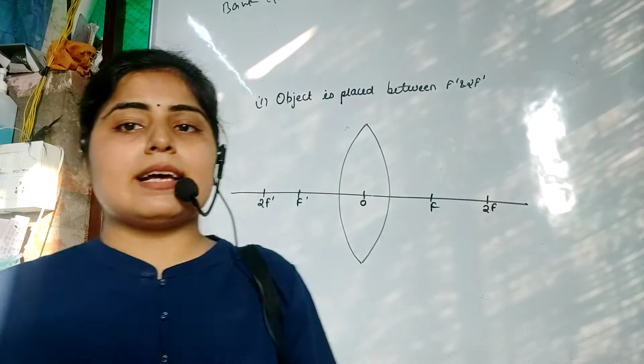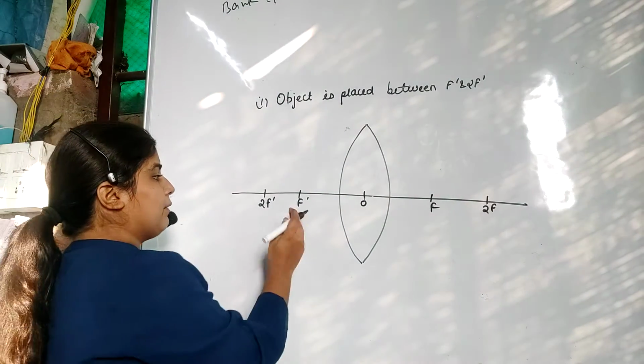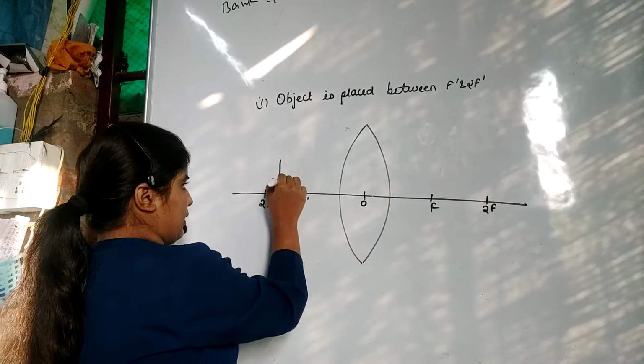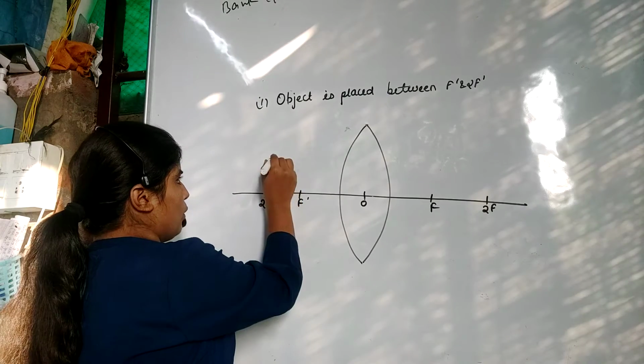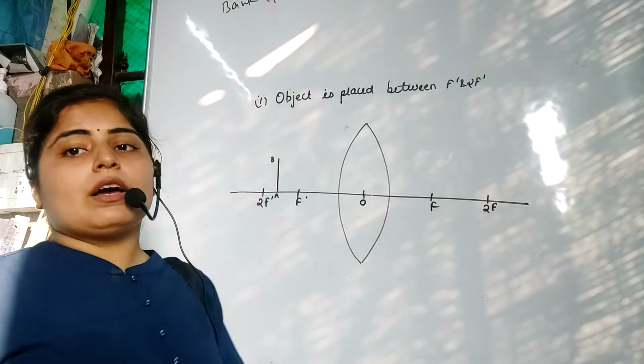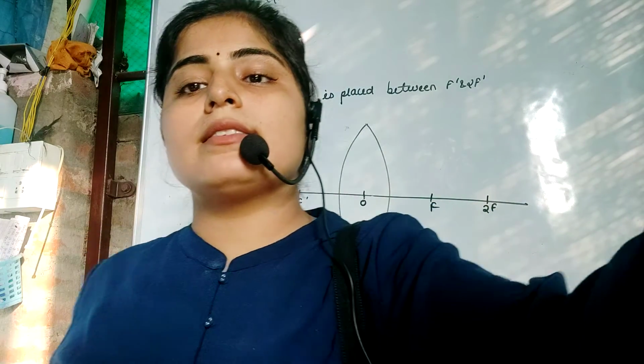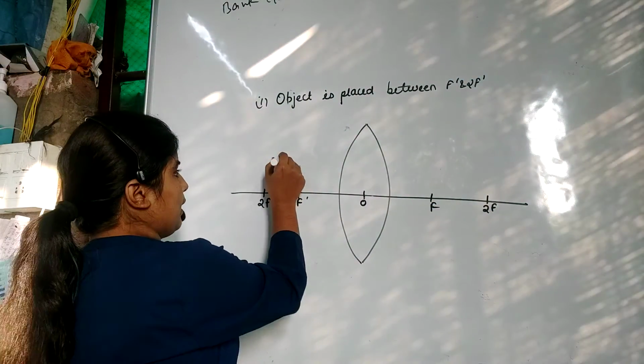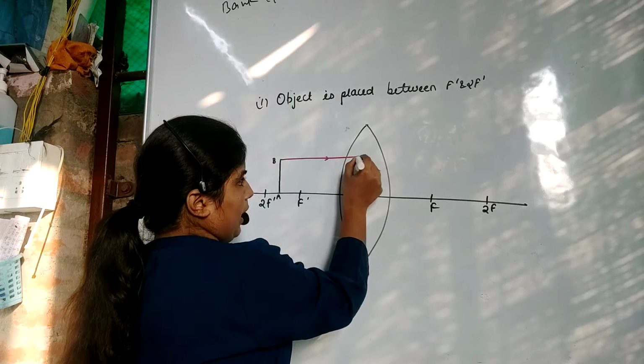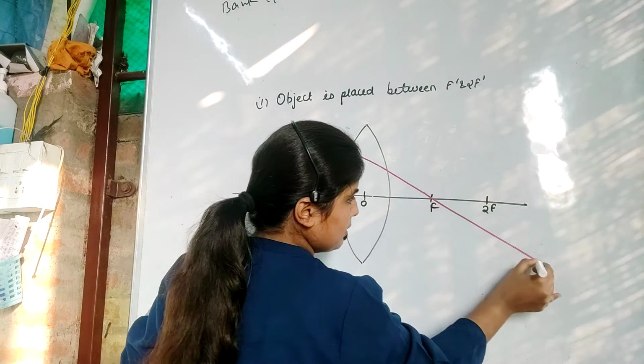In the third case, I am going to place the object in between F dash and 2F dash. So here the object is placed. Now again apply two rules of the image formation. The first rule is a ray of light which is parallel to the principal axis passes through the focus.